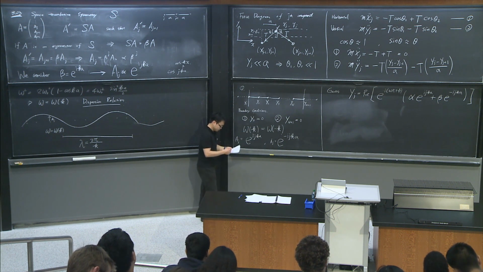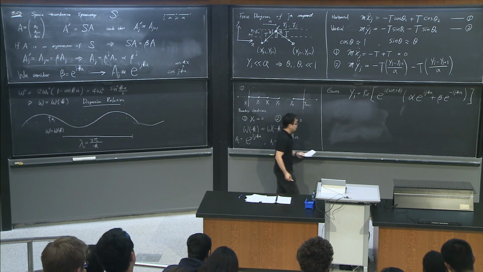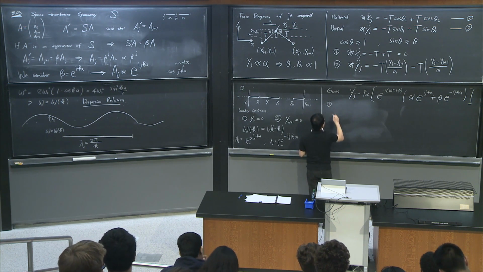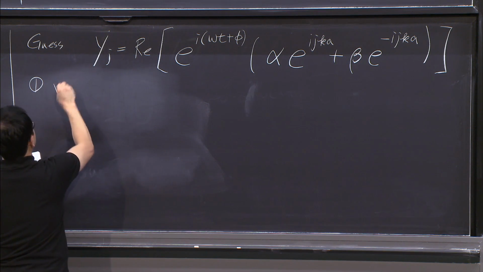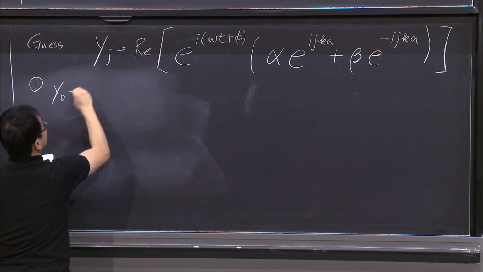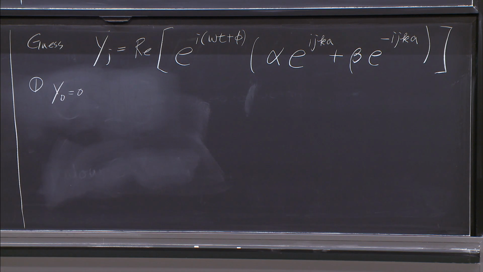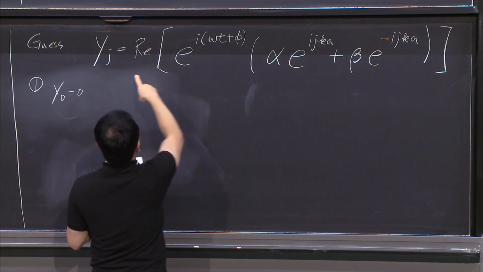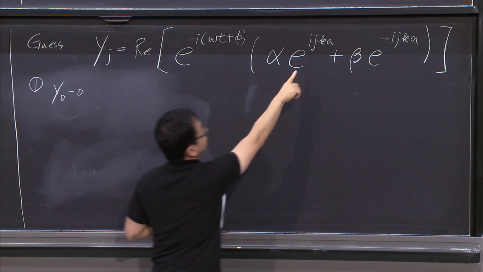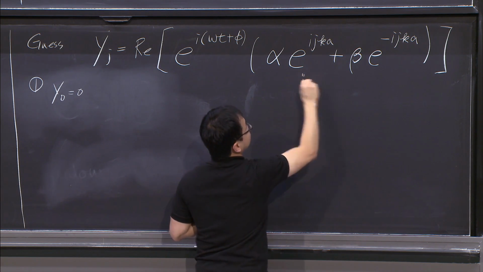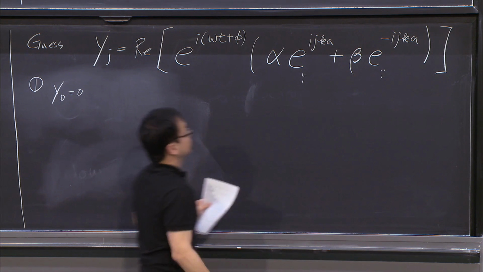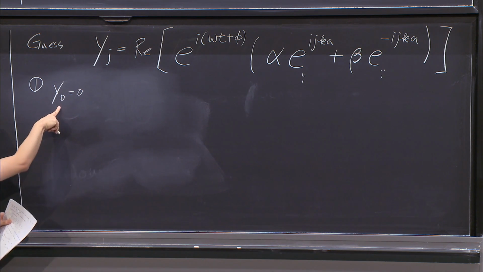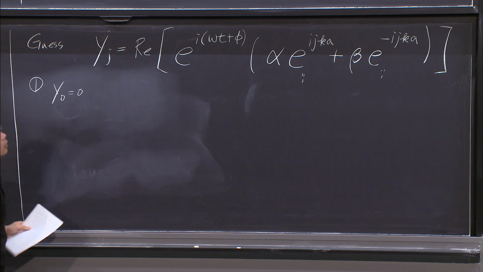Now I can use the first boundary condition, y0 equal to 0, so j equal to 0. Basically, when j is equal to 0, this is 1, and this is 1, right? And this gives you y0 equal to 0.